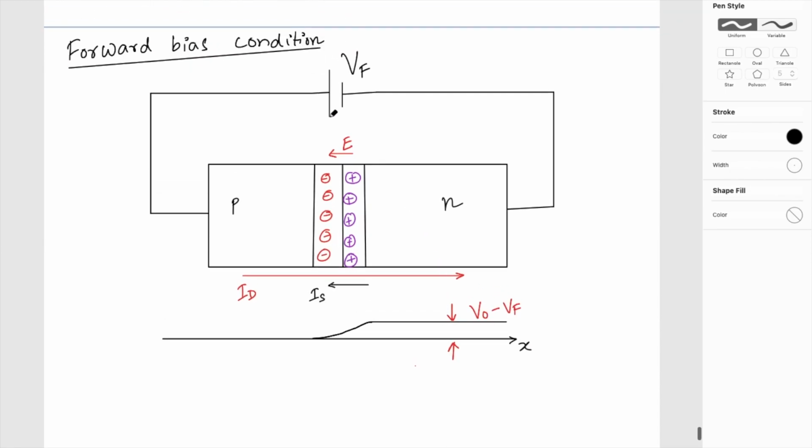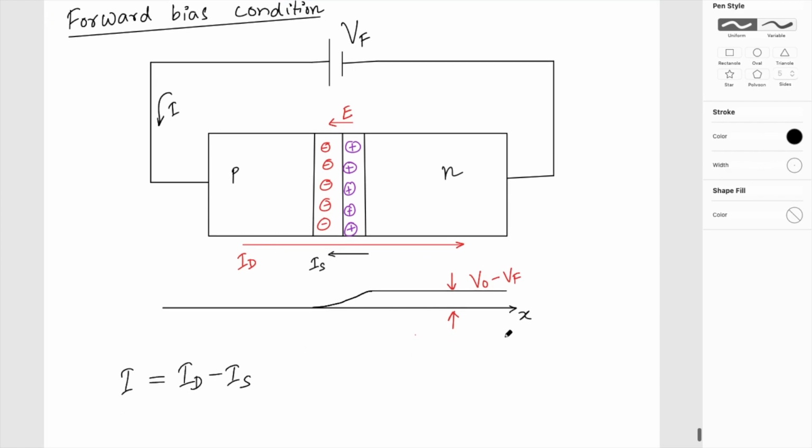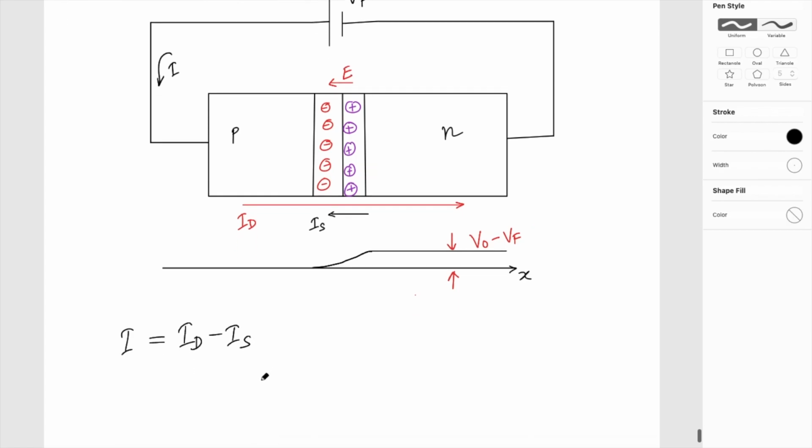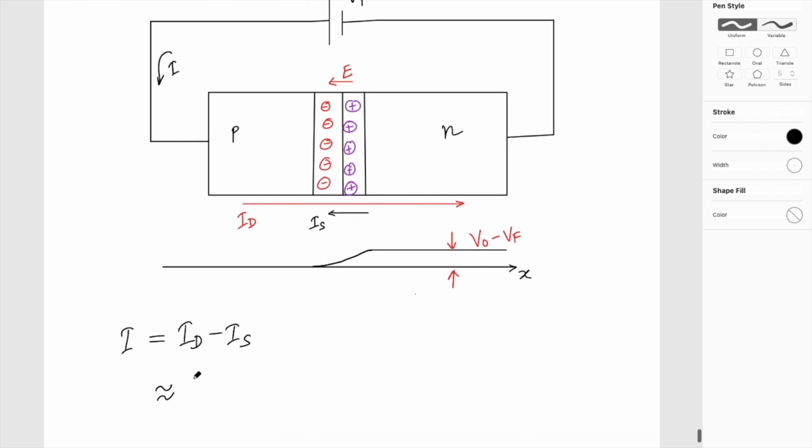In this case, the overall current is going to be in this direction, I. So the I is going to become ID minus IS. But over a period of time, as we increase this VF, this ID is going to become much larger than IS, so it will be almost equal to ID only, because this ID is going to become much higher than IS.